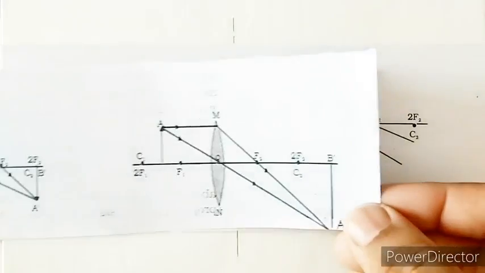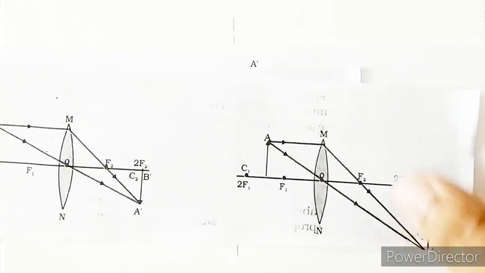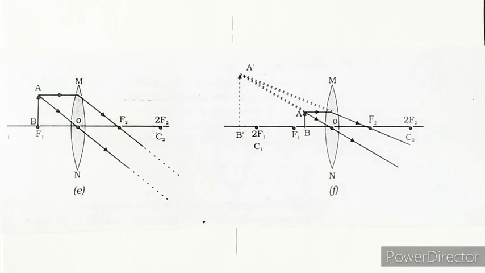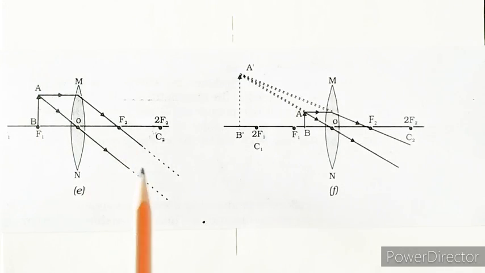Then as you go beyond 2F2, the size keeps on increasing. In that case, it is going to meet far away. So as the distance increases, the size increases. So only in this case, when the object is kept at F1, the size of the image will be highly enlarged, and it is real and inverted.